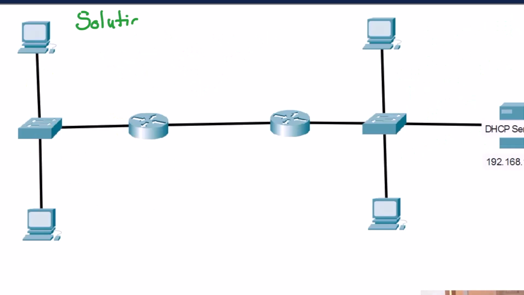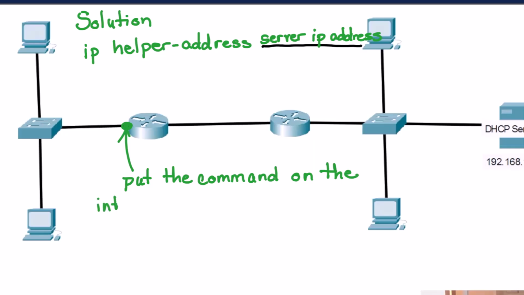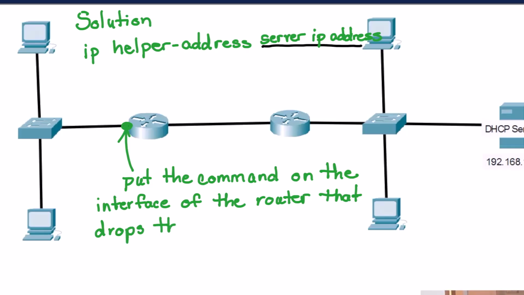What's the solution? We give the router an IP helper command. Specifically, an IP helper address command that specifies where the DHCP server is. This command acts like a receptionist would. So the PC is still shouting, where's my DHCP server?